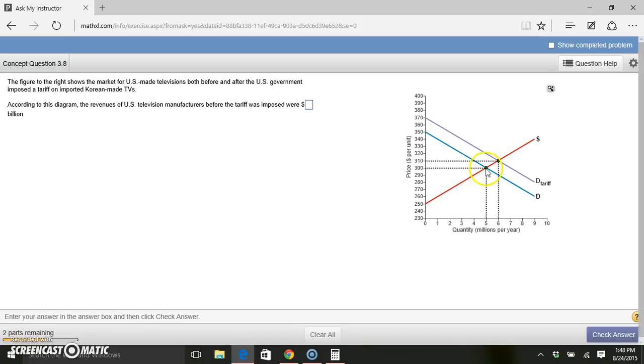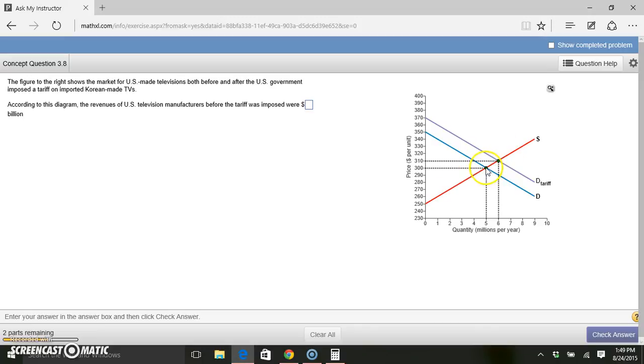So we can use our previous equilibrium where the supply and demand meet here, and we'll look at how many they sold. It says they sold a quantity of 5 million. So the horizontal line here is quantity, and it's in millions per year. So at the pre-tariff equilibrium, we're just looking at the demand before tariff and the supply line.